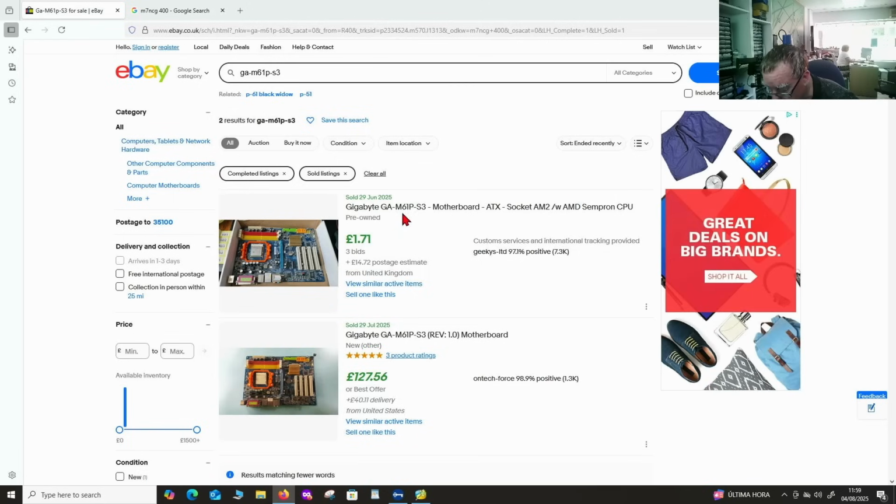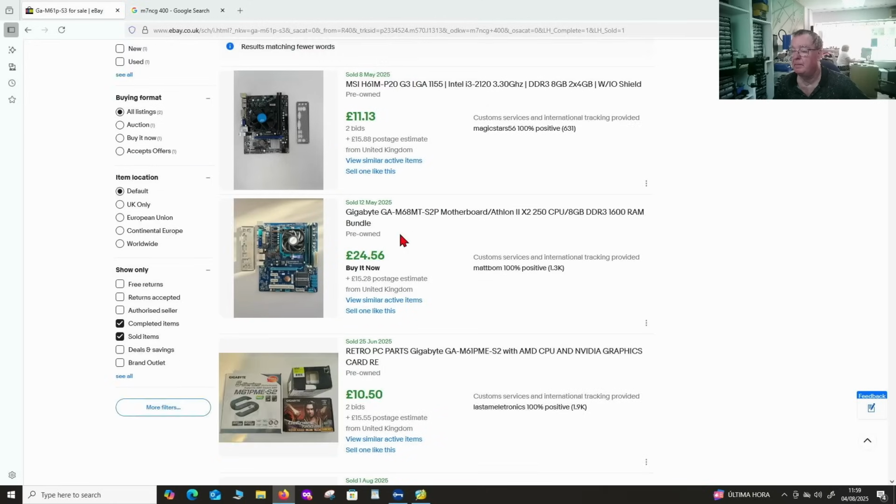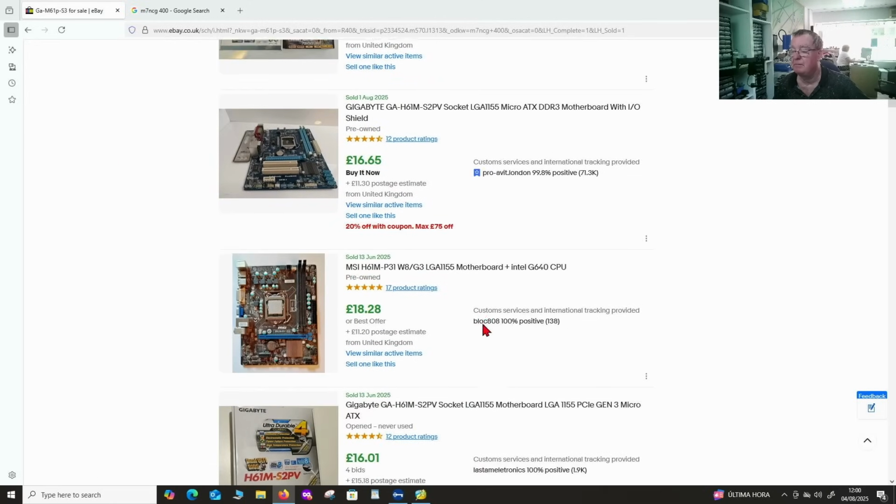So somebody sold one for €1.71 in June, but somebody else sold one in July for €127, or rather £56. Look at that, guys. This was an auction and this was to buy. Different board. Yeah, different boards now.